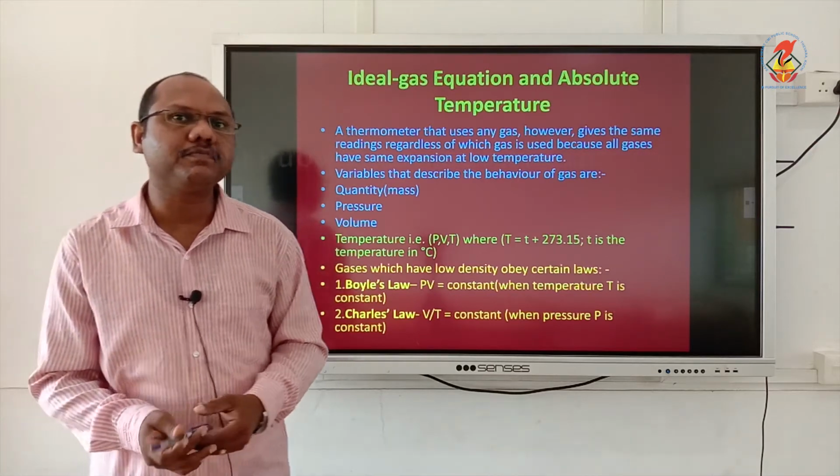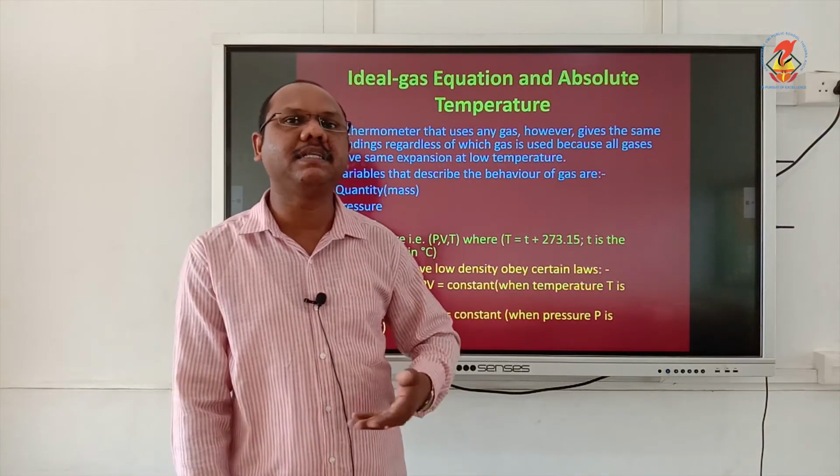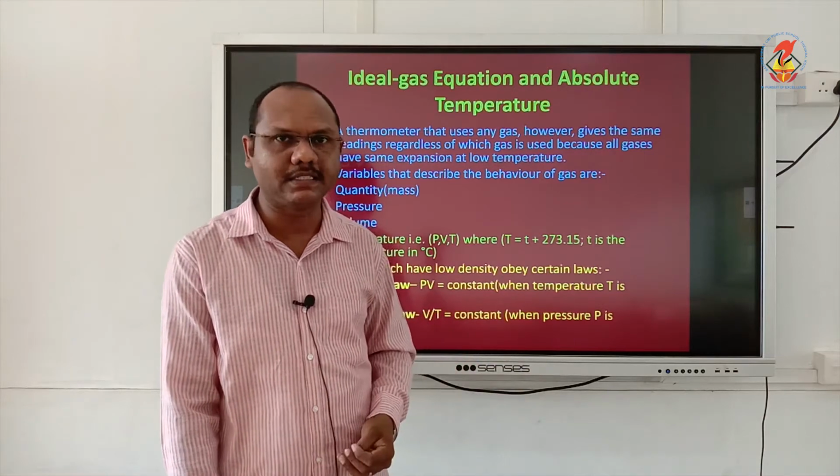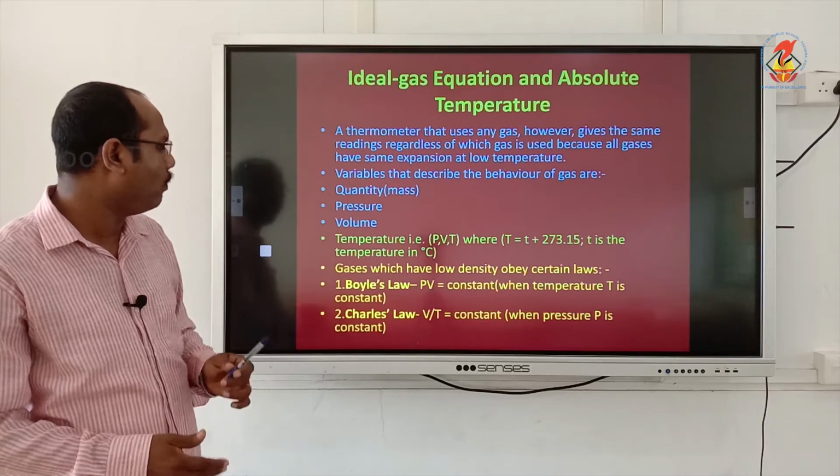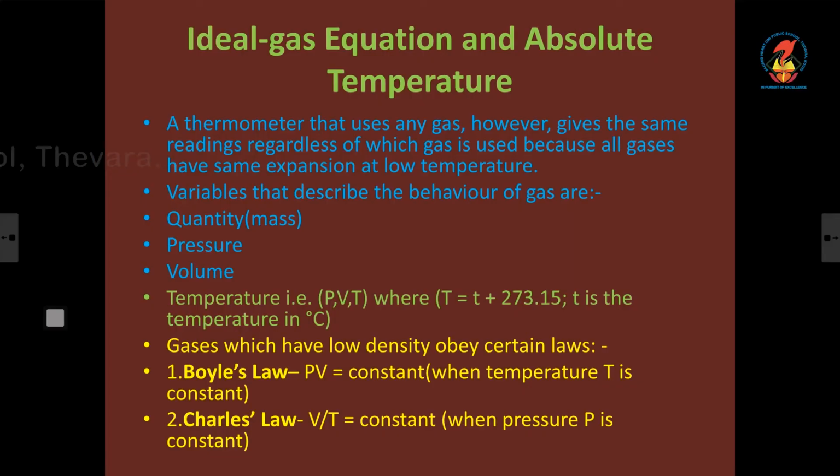And when we heat the gas, the temperature will also rise. So those are the four things: pressure, volume, temperature and quantity of mass. So I just express it as PVT, and for mass I can express M.